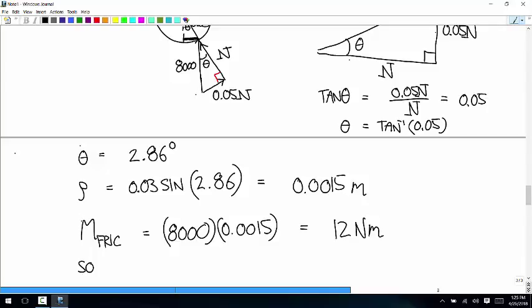Now what that's really saying is that's the maximum moment that static friction can apply before you exceed the limit and you start to move.